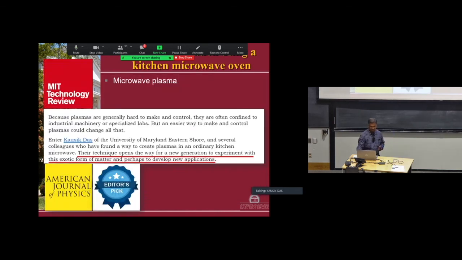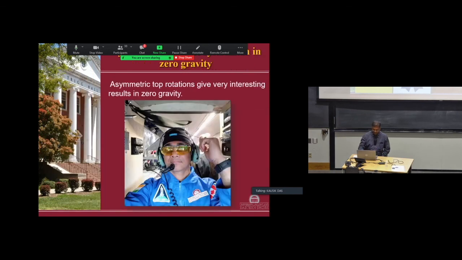MIT Technology Review featured our work, and they even went ahead and said that this technique opens the way for a new generation of experiments with this exotic form of matter and perhaps develops new applications. So this is an undergrad work. I don't know whether this will happen or not, but this is a nice compliment for undergrad work. It was published in American Journal of Physics. It became an editor's pick, and that was that.